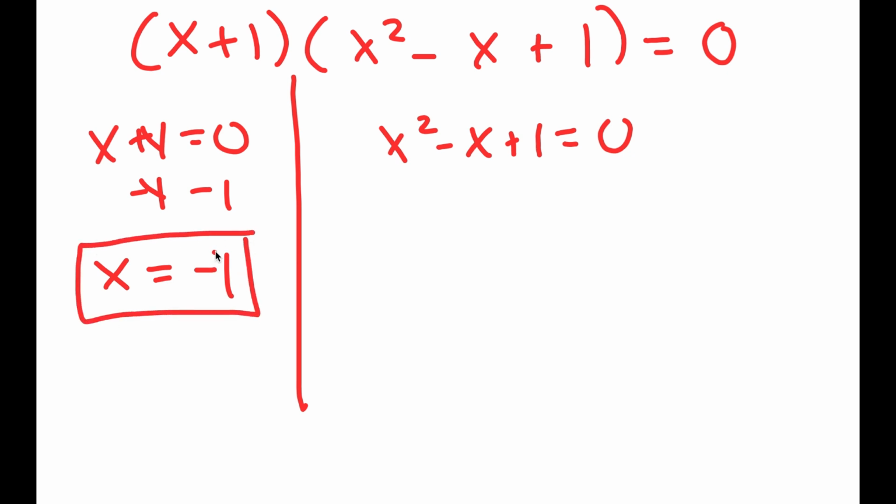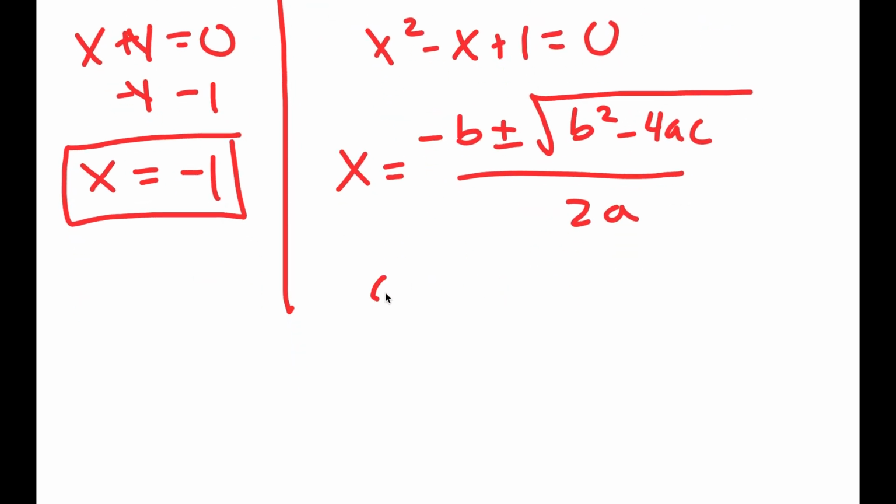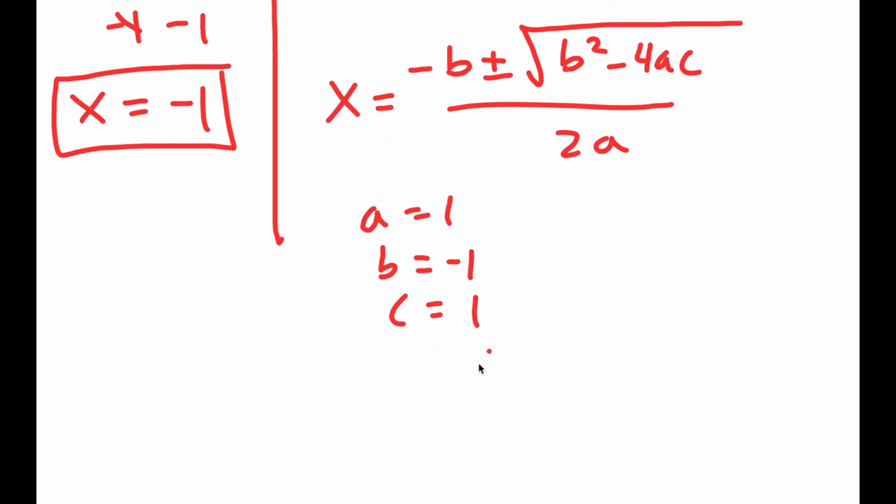And for x squared minus x plus 1 is equal to 0, to solve this, I can use the quadratic formula, which is negative b plus or minus the square root of b squared minus 4ac all over 2a. So in this case, a is 1, b is negative 1, and c is 1.